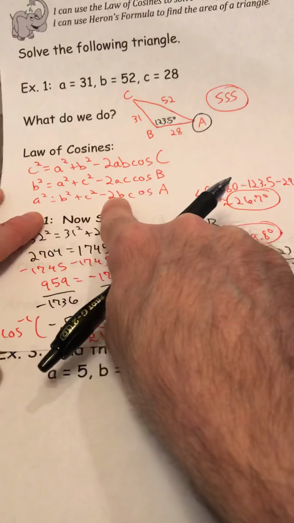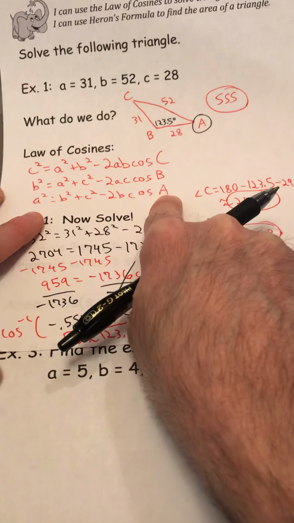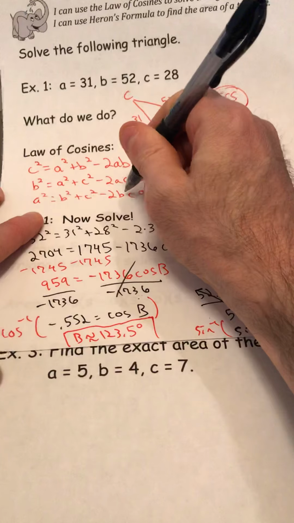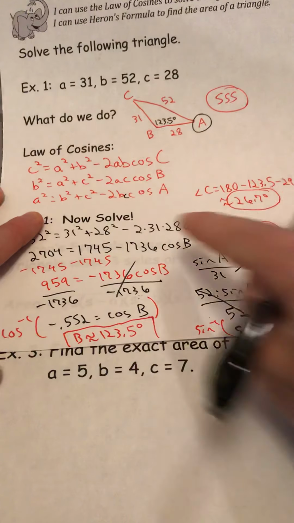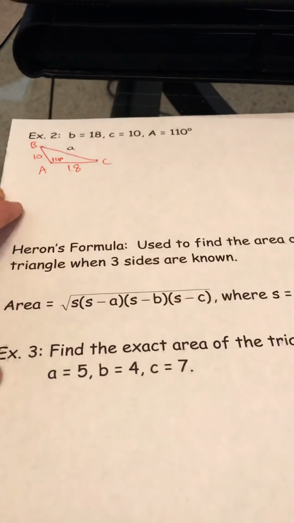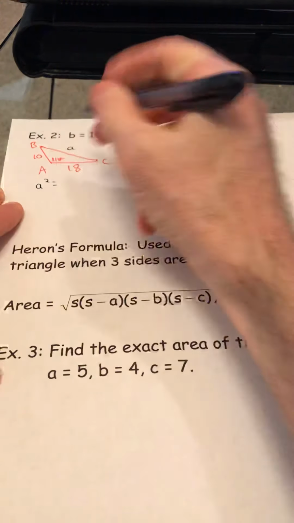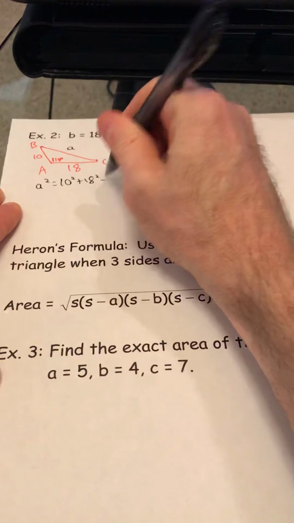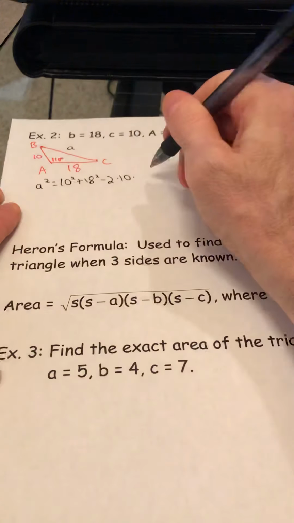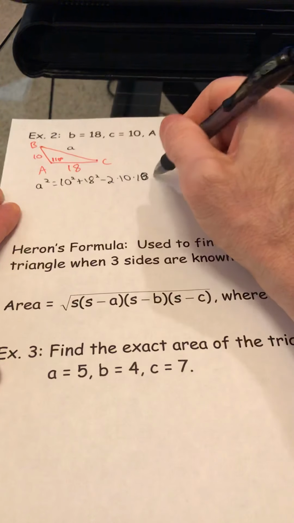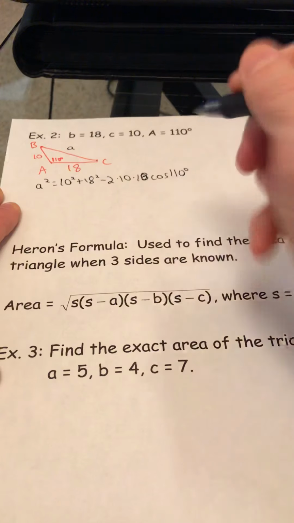I'm just going to use a squared equals b squared plus c squared minus 2bc cosine A, and I realize now I left out the 2bc when I wrote that out. So, a squared equals 10 squared plus 18 squared minus 2 times 10 times 18 times the cosine of 110 degrees.